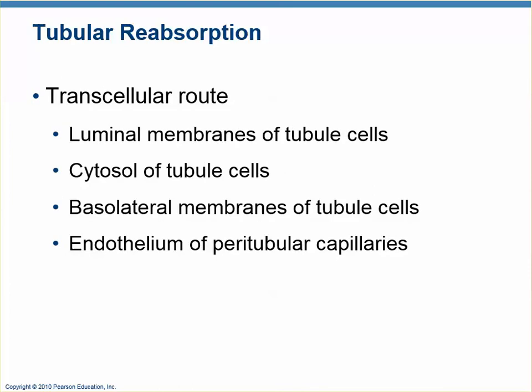When something goes through the cells, the transcellular route, it passes from the lumen of the tube through the apical membrane of the tubular cells, through the cytoplasm of the tubular cells, then out through the basal membrane of those cells, and then through the endothelium of the peritubular capillaries to get back into the blood. So it's a bit of a complicated route, and there can be passive or active processes that do it.